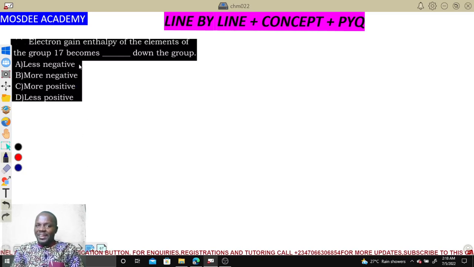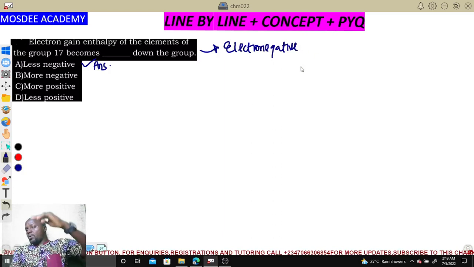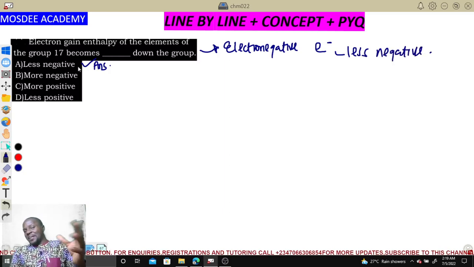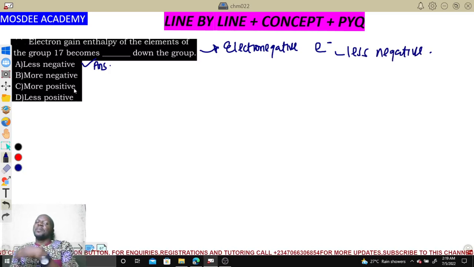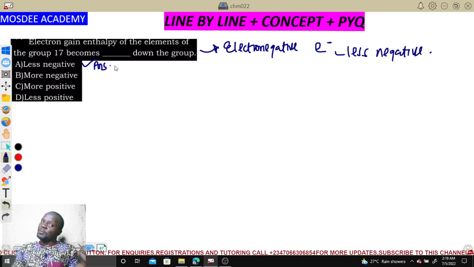They become less negative would be the answer because we are talking about halogens, which are highly electronegative. So as they go down, electron gain enthalpy becomes what? Less negative. Please note that. In mathematics you can say more positive, but in chemistry, because we are talking about electronegative elements, they become less negative. That is the reason for that.